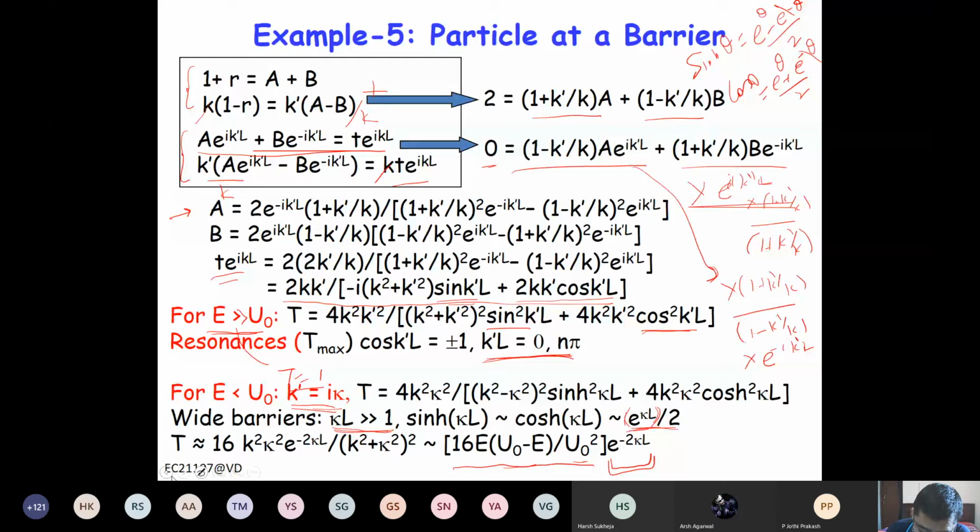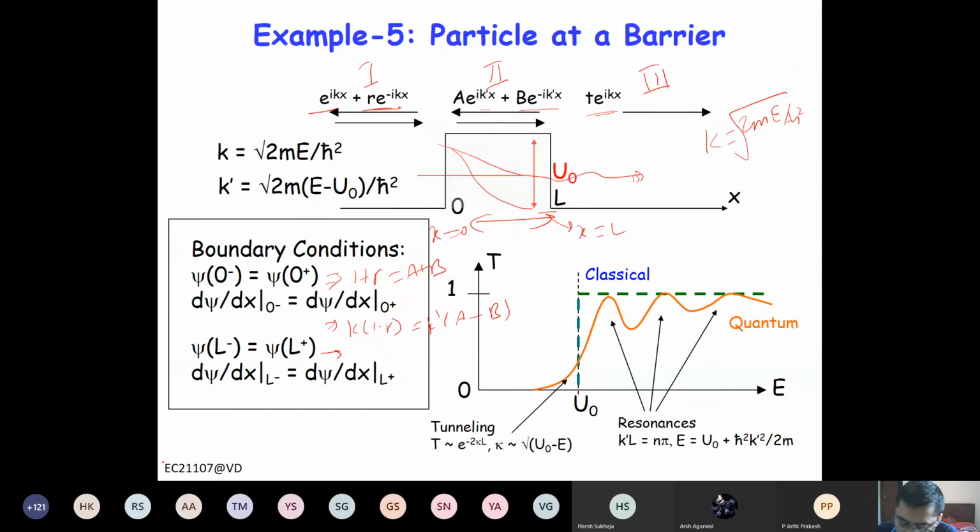Now let us look at this plot here. So again, for classical, if energy is less than U naught, no transmission. If energy is more than U naught, perfect transmission, right? In case of quantum, if energy is less than U naught, there is a finite probability that these waves can propagate. Now here this variable is finite, so if some wave is penetrating here and somehow is able to cross this length L, then it will propagate.